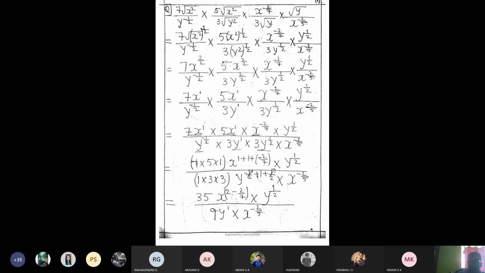It's no matter of time. Just simplify to the extent possible. Otherwise you can close it at the last step.